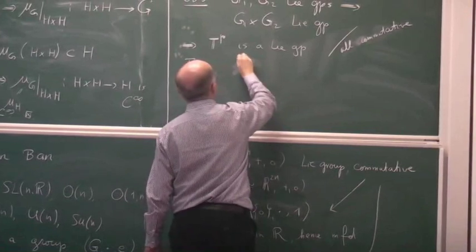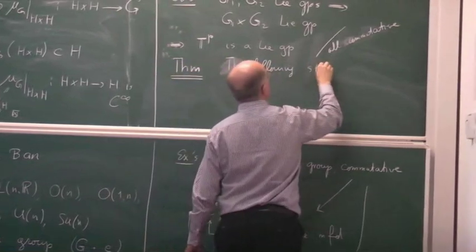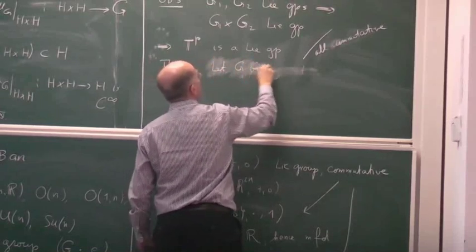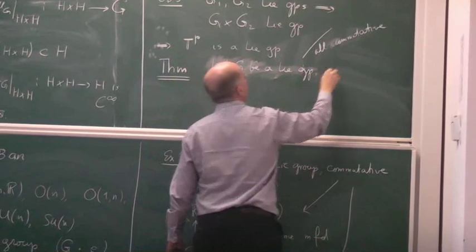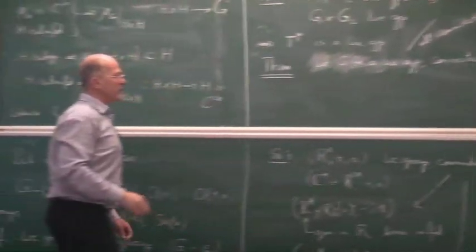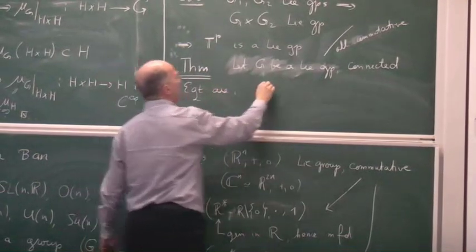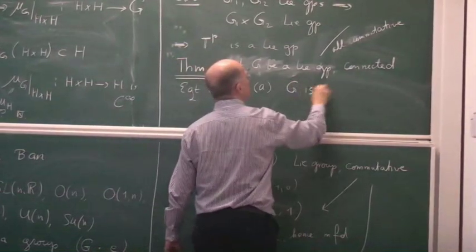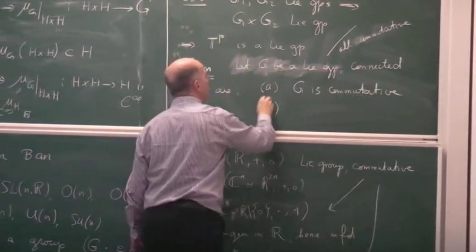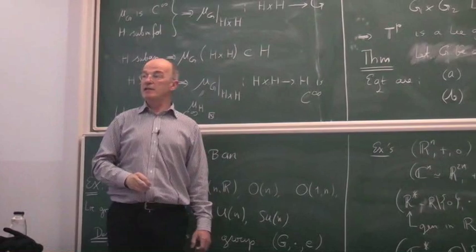Let G be a Lie group, and I'm assuming it to be connected. The following statements are equivalent. A, G is commutative. B, G is equal to the product of an R^p and a T^q.